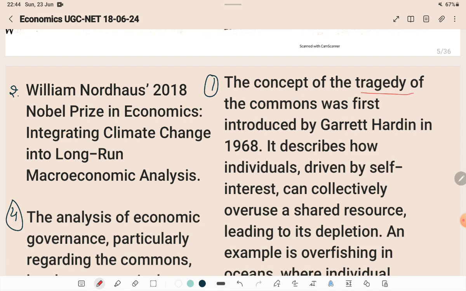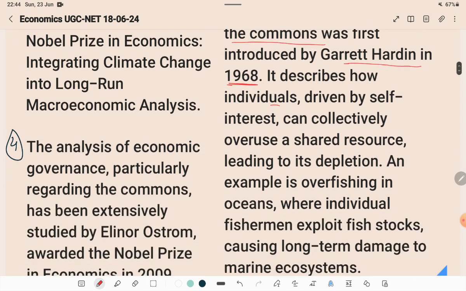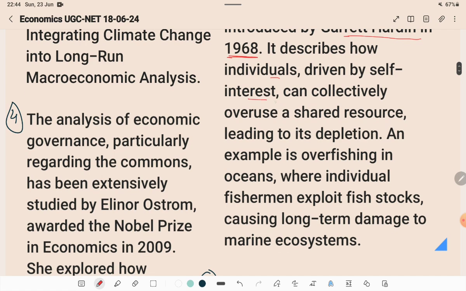The concept of tragedy of the commons was first introduced by Garrett Hardin in 1968. It describes how individuals driven by self-interest can collectively overuse a shared resource, leading to its depletion. An example is overfishing in oceans, where individual fishermen exploit fish stocks, causing long-term damage to the marine ecosystem.